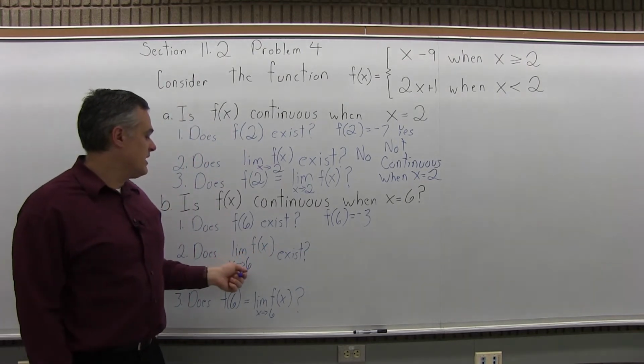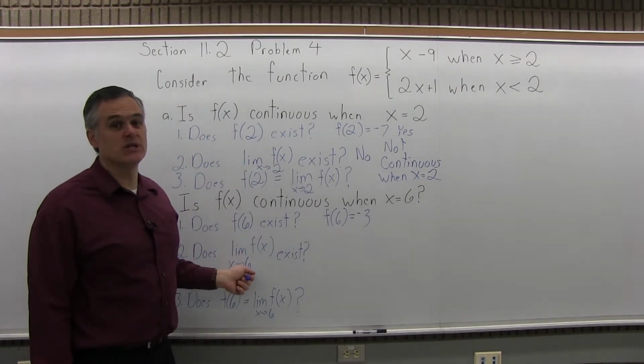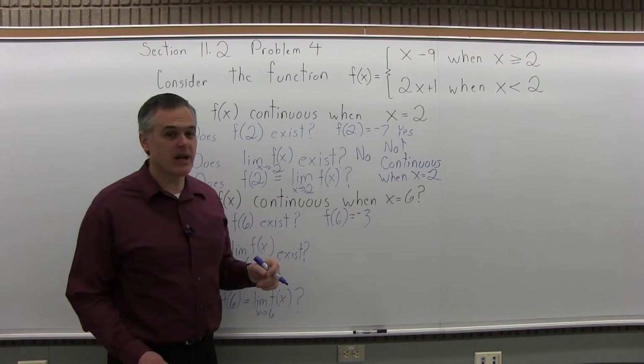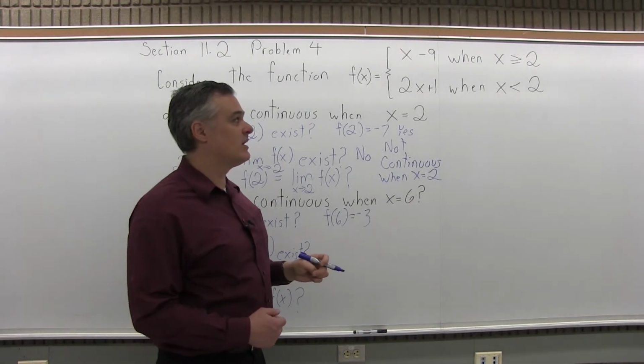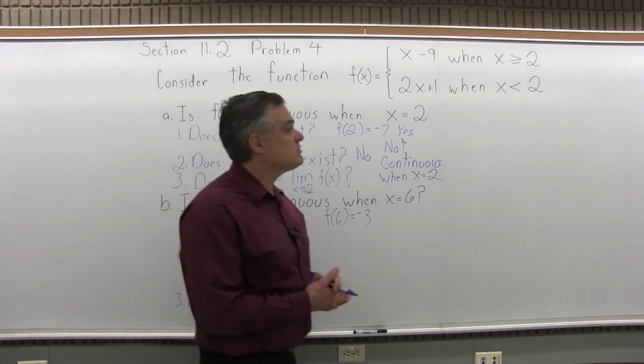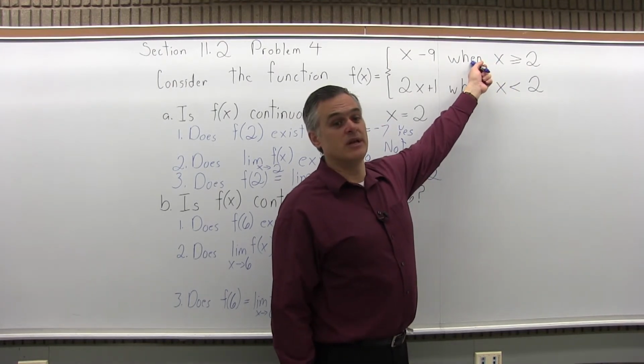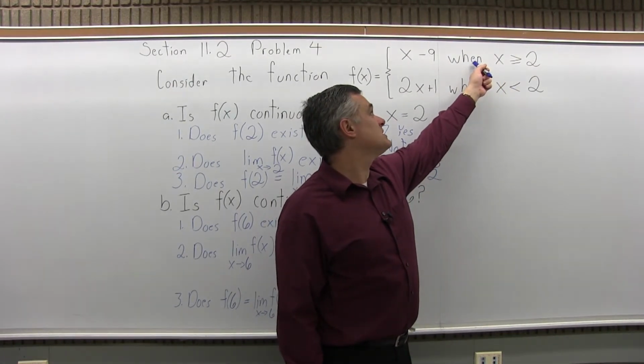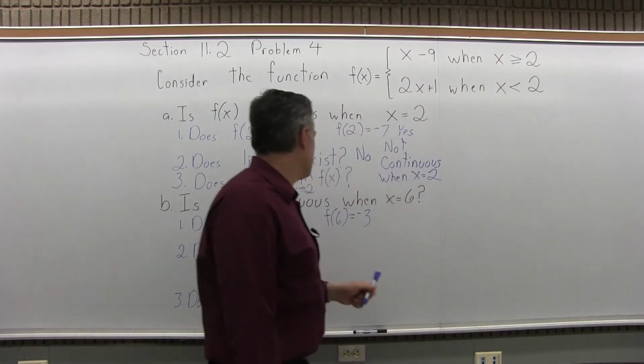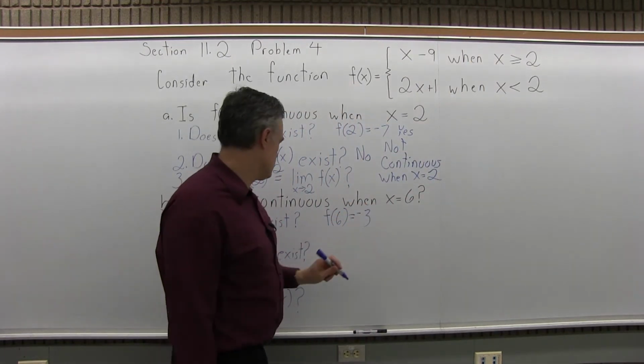Can I take the limit as the input gets really close to 6? Again, like 5.999 and 6.0001. Well, both the values a little smaller and a little bigger would be dealt with in the top branch. And as I put in values super close to 6, the output is still going to get super close to negative 3.